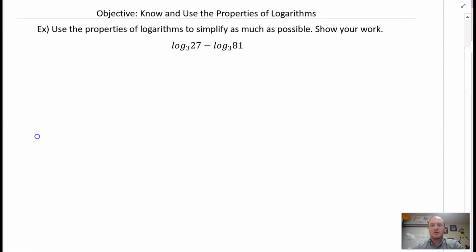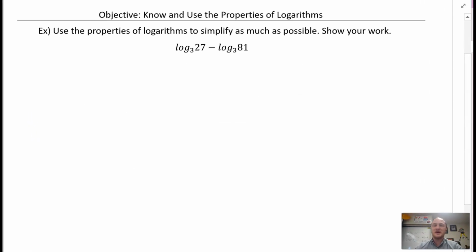Use the properties of logarithms to simplify as much as possible. Show your work. Okay, we gotta show our work. So, do I have any powers in front to use the power property? Like any coefficients? No, nothing goes up. Okay, so I have the same base and I'm subtracting. Well, that is the quotient property, right?